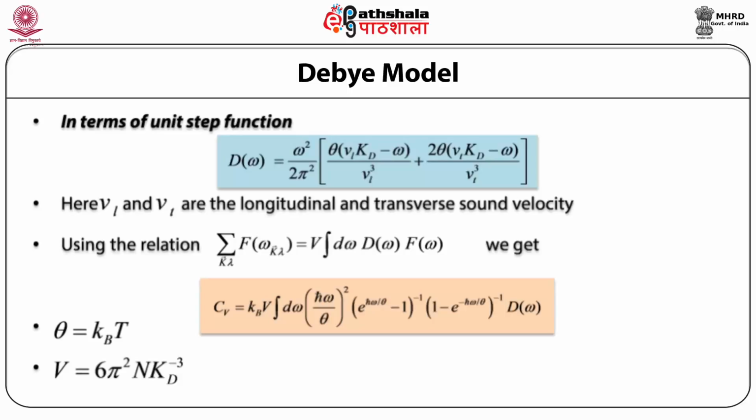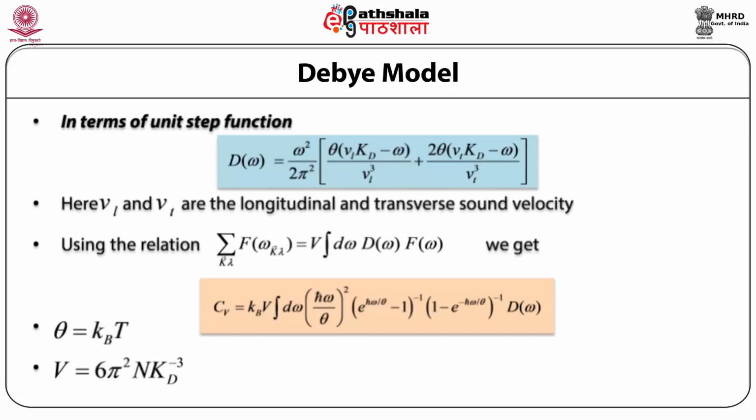Here VL and Vt are the longitudinal and transverse sound velocities respectively, and using the relation that summation over k lambda for a function f, which is a function of omega k lambda, is equal to V multiplied by the integration over the frequency for the density of states D omega multiplied by f omega.